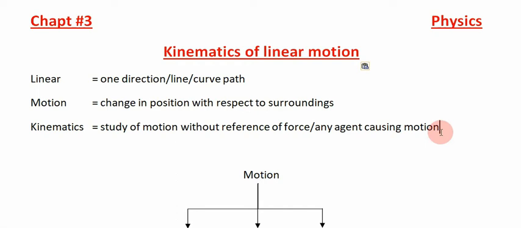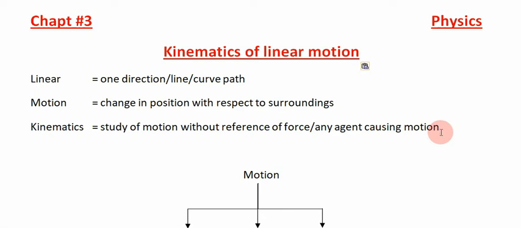Now, what are the surroundings and how does something change its position with respect to the surrounding? If someone is standing in a room near a wall on one side and moves around the room, he will observe that he changes his position from that wall to another wall.